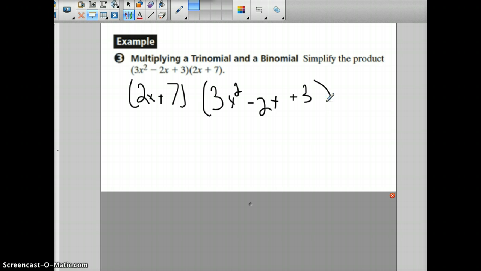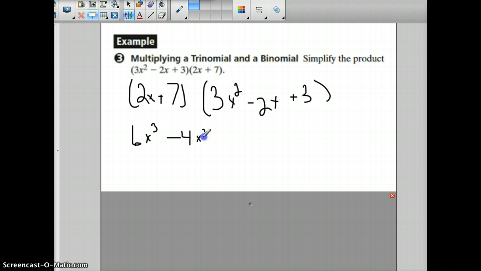And now it's important to make sure that every term in the first binomial is multiplied by every term in the trinomial. So I'm going to do this organized. I take the 2x times the 3x squared, and I get 6x to the third. And then I take the 2x times the minus 2x, and that gives me minus 4x squared.